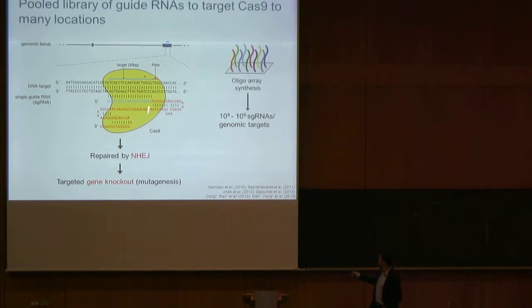And the important thing to note is the bases here in red are a conserved scaffold that Cas9 uses to recognize its guide. And the bases here, the 20 bases on the 5' end here, Cas9 uses to find a target within the genome, and then as a nuclease, it can cut once it finds the site.